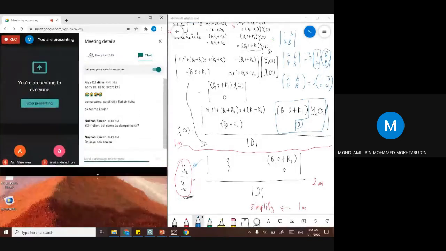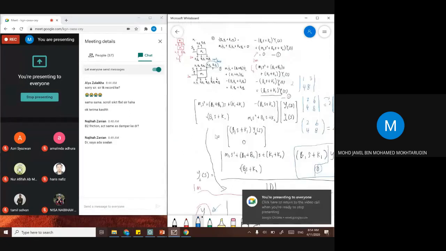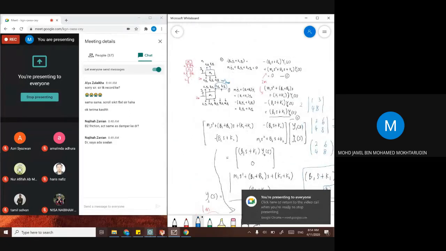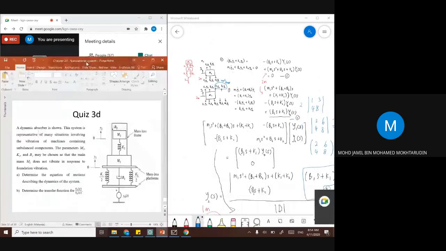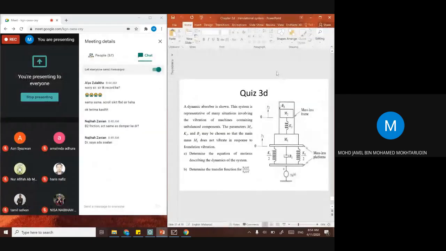Doctor, I have a question. Does B2 friction act as a damper? Yes. Okay, B2 friction. Friction and damper have the same concept for finding the force.